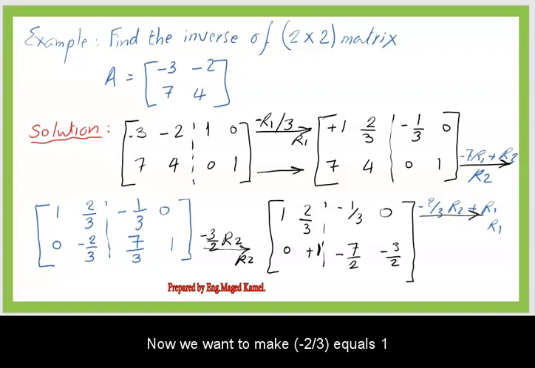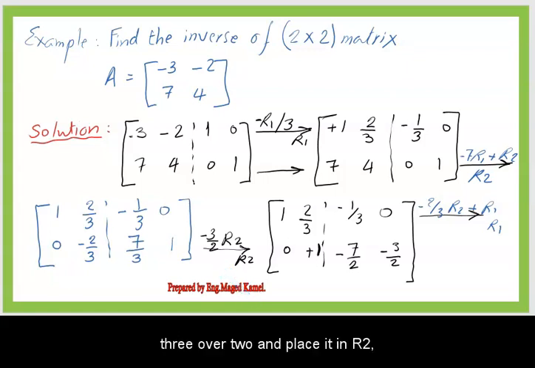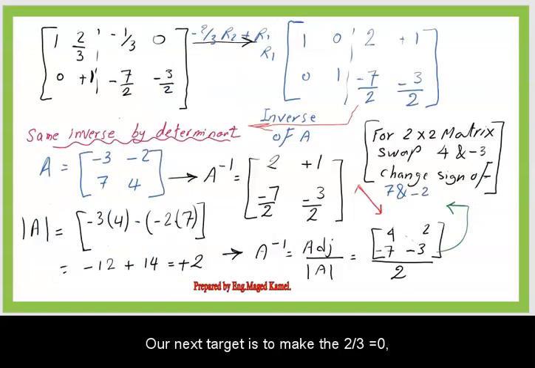Now we want to make -2/3 equal to 1. The next step is to multiply the second row by -3 over 2 and place it in R2. 7 over 3 multiplied by -3 over 2 will be minus 7 over 2. Finally, this will be equal to 1. Our next target is to make the 2/3 equal to 0.